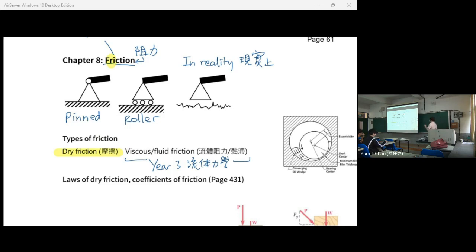So what is this viscous or fluid friction? Just think about your scooter or your bicycle, that you need some, so you need this, right? 润滑油. So what's the English of this?